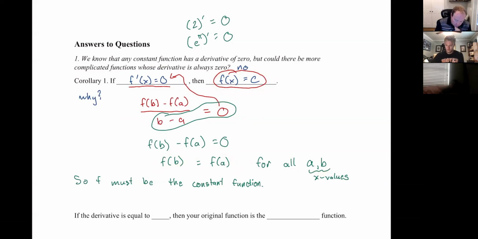So if the derivative is equal to 0, then your original function must be the constant function. Again, this was just a very simple idea of a proof. You won't need to necessarily provide this logic on a test, but for those of you going to explore more mathematics, this is a basic introduction to how to prove theorems and statements.